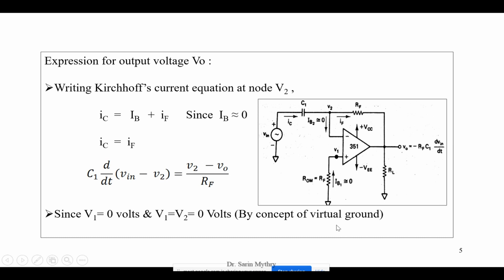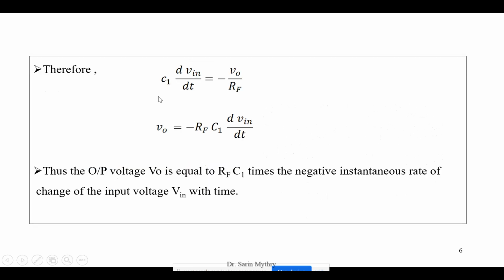Substituting V1 and V2 as 0, you get C1 dV in by dt equal to minus V out by RF. Now extract V out by simple cross multiplication: V out is equal to minus RF into C1 into dV in by dt.